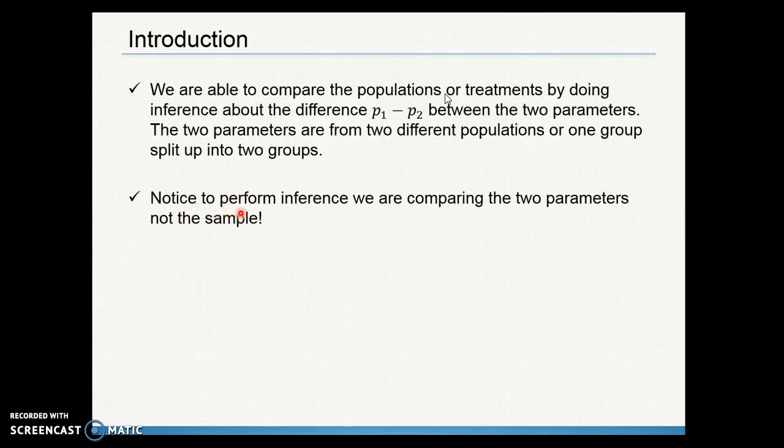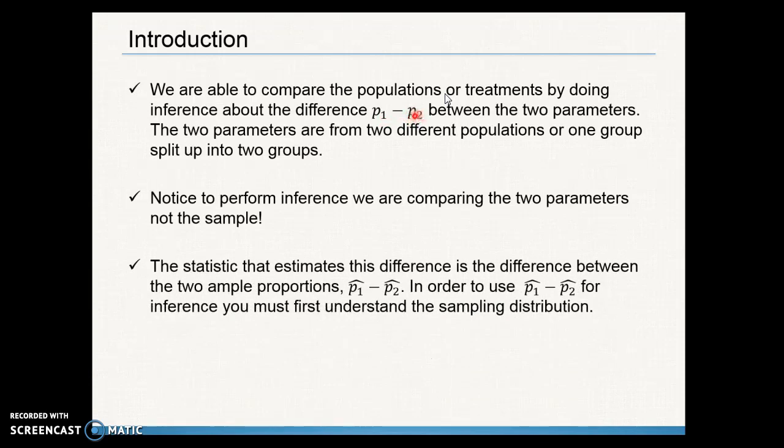Notice to perform inference, we're comparing the two parameters, not the samples. Same thing as whenever we do our null and alternative hypotheses for a single sample, we compare the populations. After we make a statement, we think the populations are the same, or different, or one's bigger than the other, then we take a sample in order to verify that.